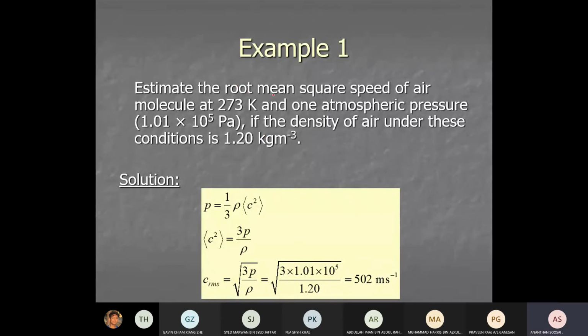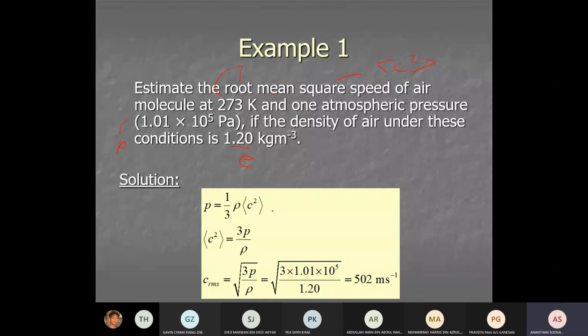Estimate the root mean square speed. That means they are looking for the root mean square speed of air molecules at 273 Kelvin. This is the temperature. At 1 atmospheric pressure is given. If the density of the air under this condition is given as rho, what is the mean square speed?